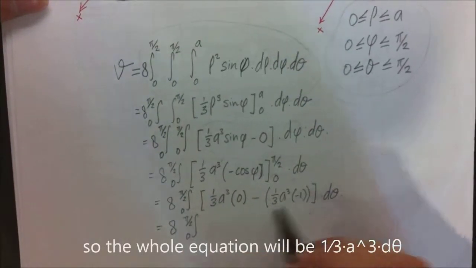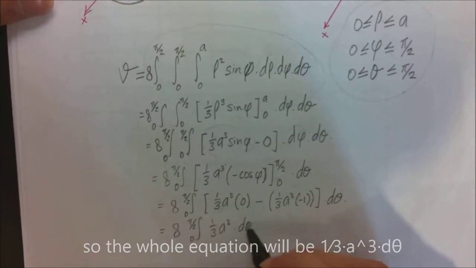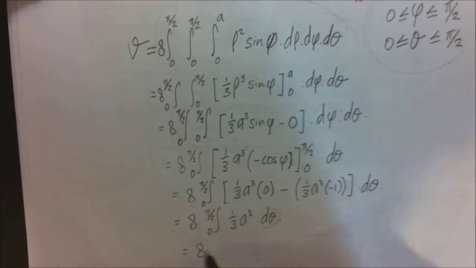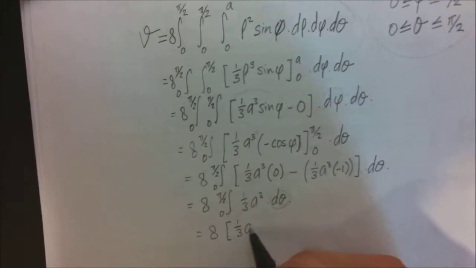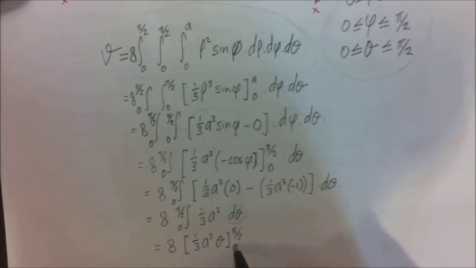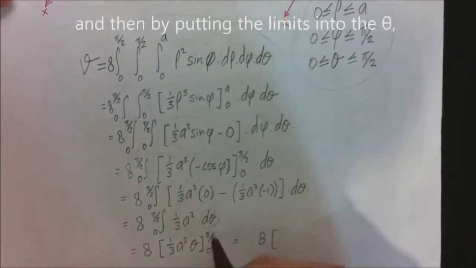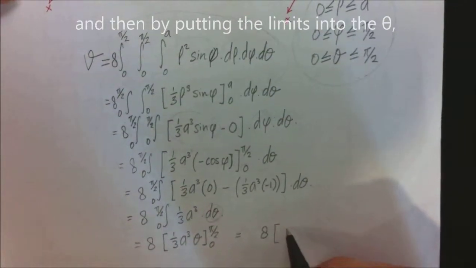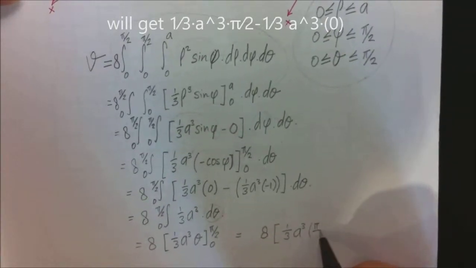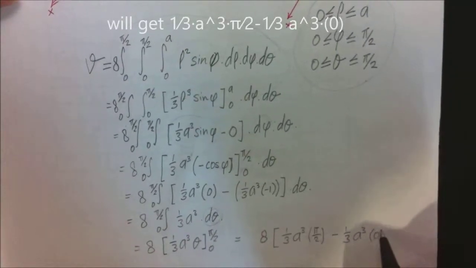So the whole equation will be 1 over 3 A to the power of 3 d theta. And then we're going to integrate by referring to theta. By putting the limits into theta, we'll get 1 over 3 A to the power of 3 pi over 2 minus 1 over 3 A to the power of 3 times 0.